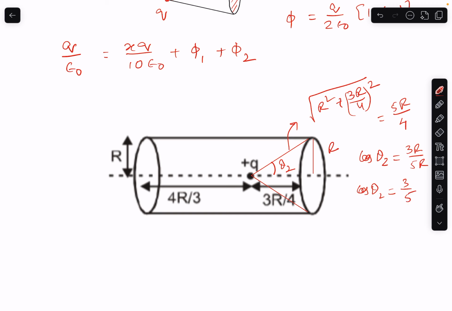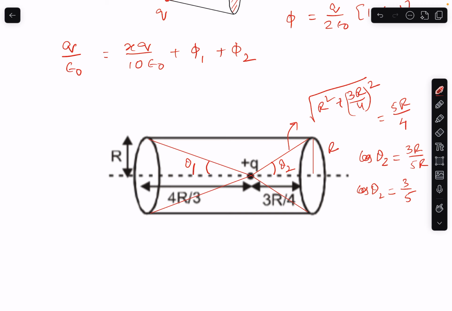Similarly, the left circular surface will also subtend a conical volume like this, with two-dimensional angle θ₁.